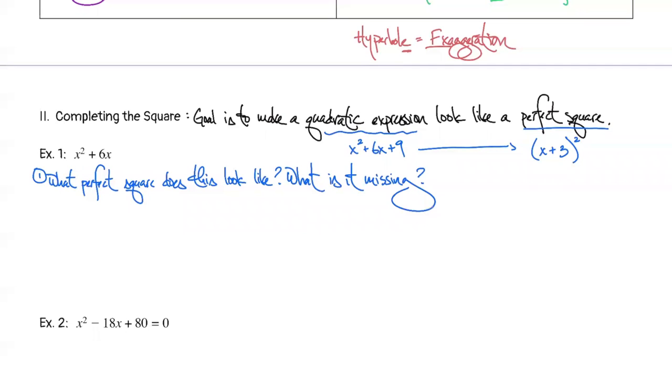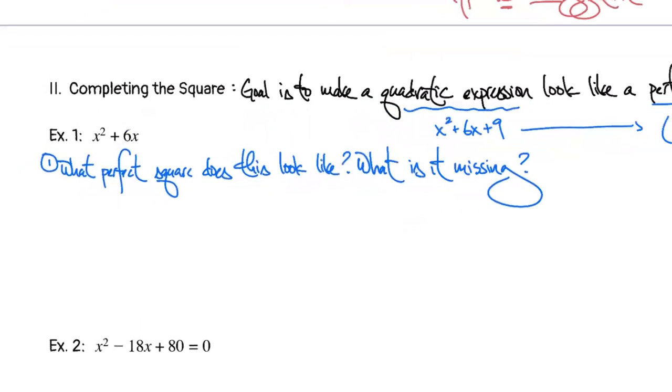Okay, great answer. So I added another question, right? What perfect square does this look like and what is it missing? And I think, Ian, you've answered both questions right there. Okay, so x squared plus 6x looks similar to x squared plus 6x plus 9, which is x plus 3 squared.